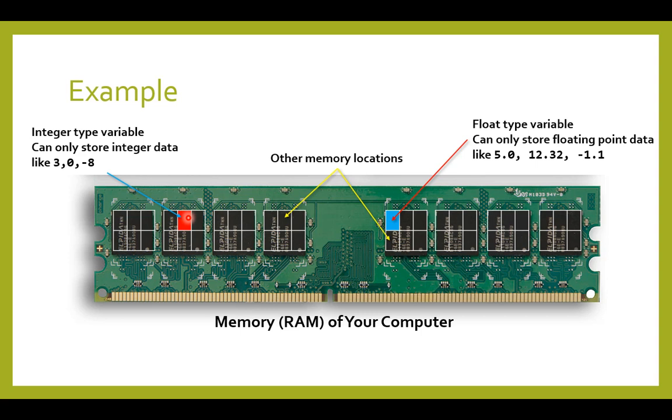Based on the variable type, if it is an integer, the dedicated location will accept integer values, so it can temporarily hold integer type data. The same thing happens if it is a float type variable: it will again have a dedicated memory location and it will accept float type values.